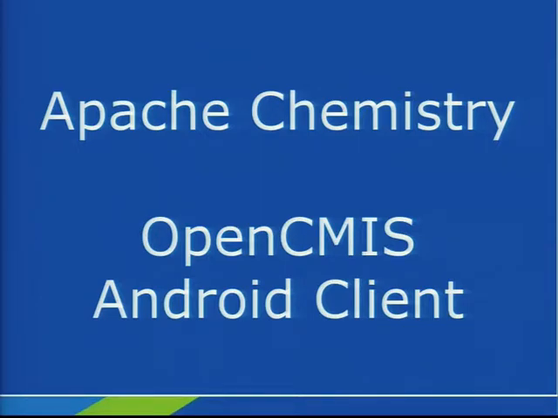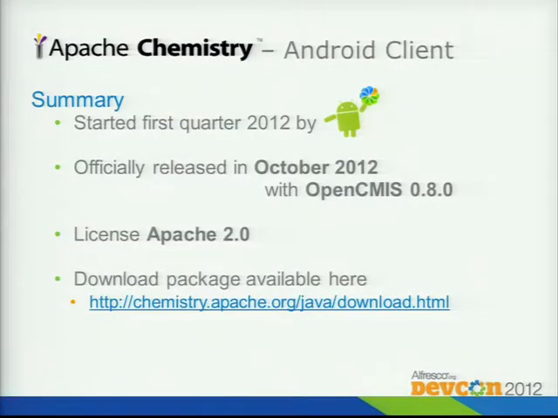So now let's go to the Apache Chemistry OpenCMIS Android client. This part was my first task when I entered Alfresco. I started in early quarter 2012, and it was officially released 1 month ago with OpenCMIS version 0.8.0. Like our mobile SDK, it is provided under the Apache license.